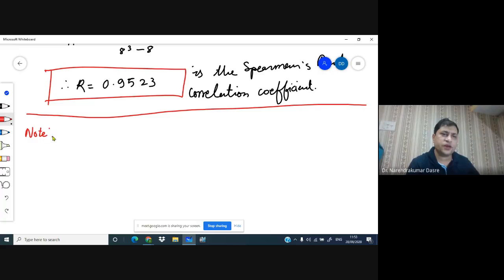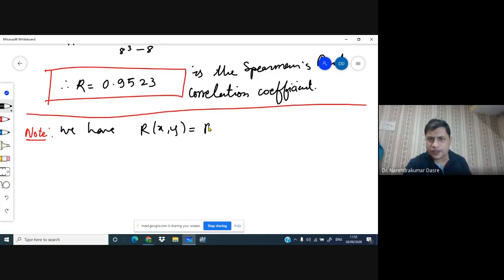So we can have the note here: the rank correlation coefficient for XY is the same as for YX. If the order is changed, it doesn't matter.